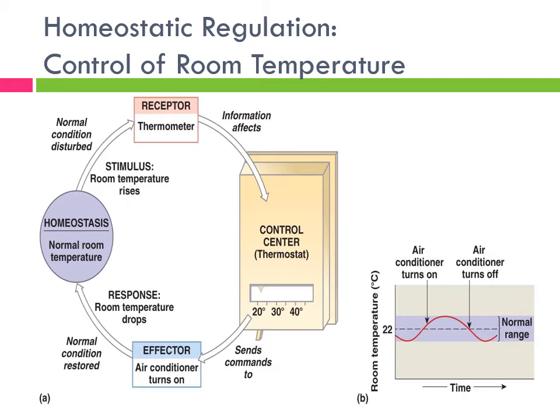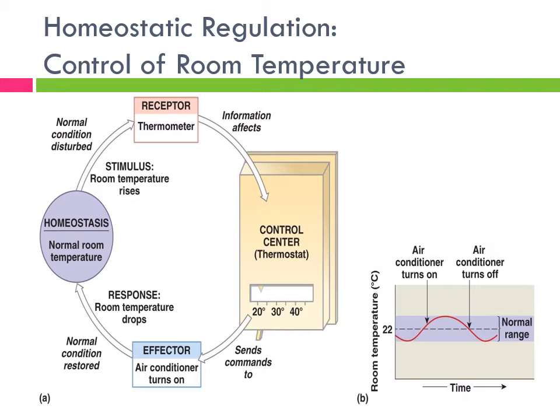So in this instance, as room temperature is rising, from homeostasis, we're going to look upward toward our receptor, and we see that room temperature is rising. So the thermometer is detecting that and going up and up and up in temperature. So it's telling the thermostat it's getting warmer in here. The thermostat doesn't want it to be warmer in there. It wants us to be at this set room temperature. And so the thermostat tells the air conditioner to turn on.